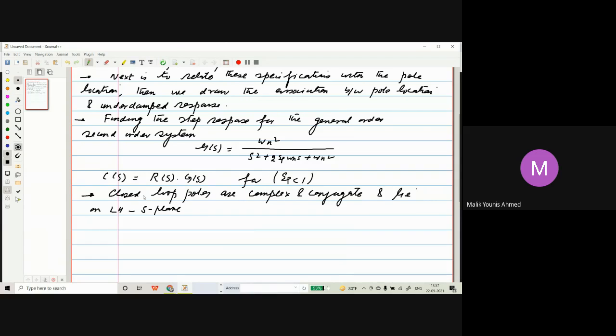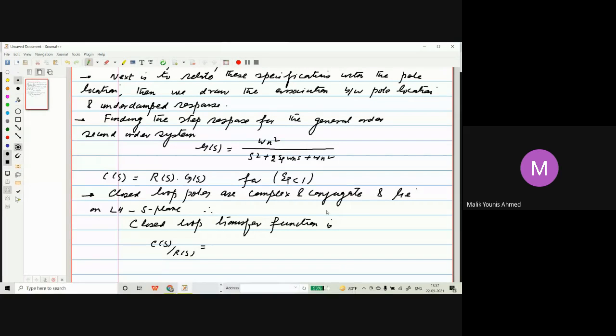Everybody knows this. Therefore, we can write down the closed loop transfer function, that means C of S divided by R of S is equal to what?